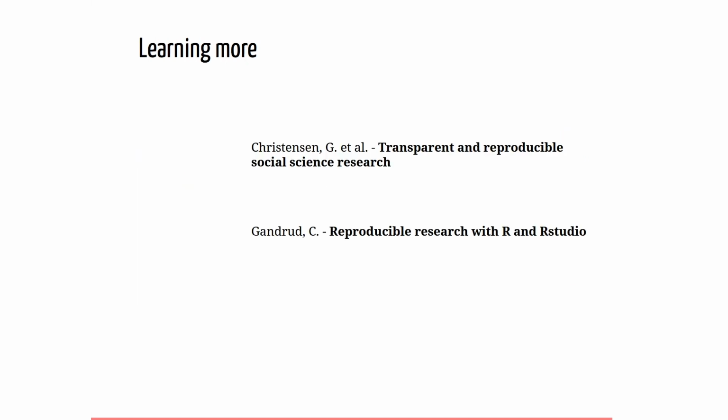If you want to learn generally about reproducible research, version control and workflows are just a small part of what you can do to have more transparent and reproducible research workflows. You can have a look at the first book here, and the second one is more focused on how to use R and Rstudio for more reproducible research.